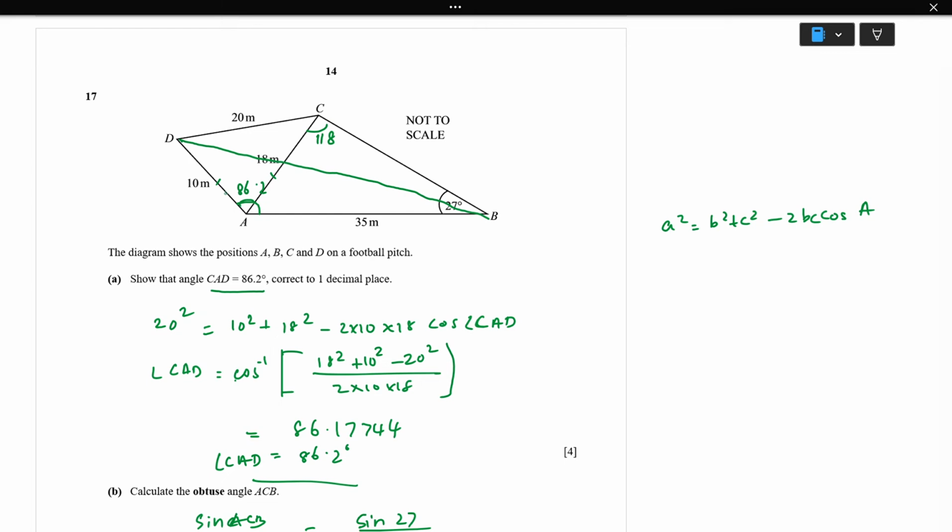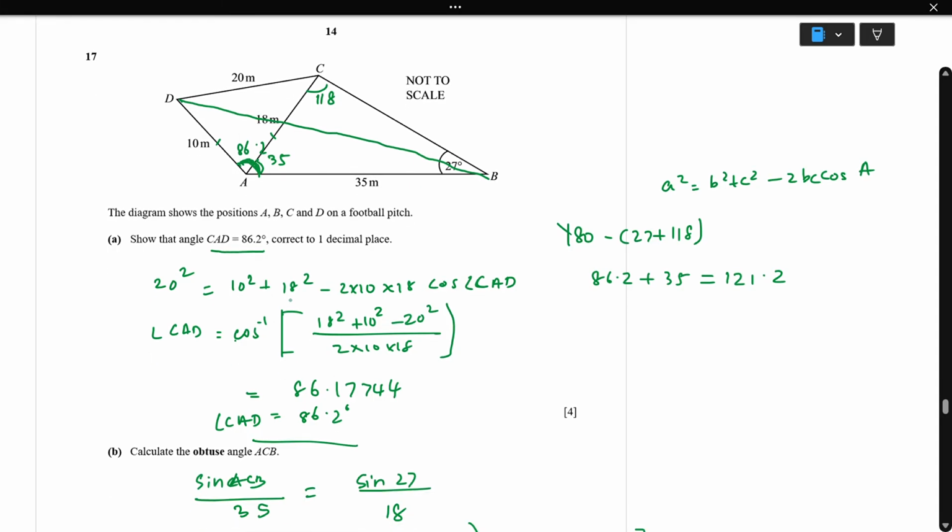So now this angle is 180 minus 27 plus 118, which is 35. Now the total angle is 86.2 plus 35, which is 121.2. Now we have this entire angle as 121.2.